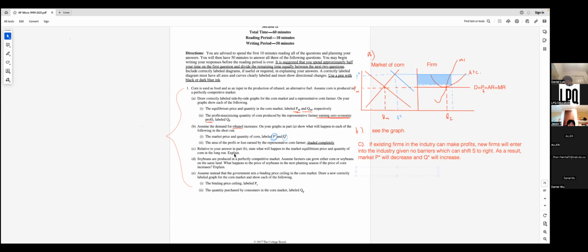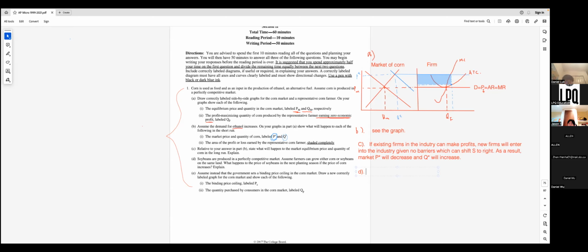Okay, so next one, I guess, is question D. Soybeans are produced in a perfectly competitive market. Assume farmers can grow either corn or soybeans. So the relationship between corn and soybeans is called productive substitution. We learned this in notes number 2, actually. Using the same kind of resources, you can produce two different products.